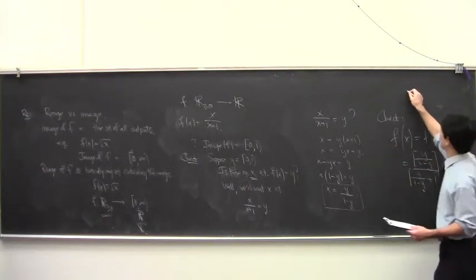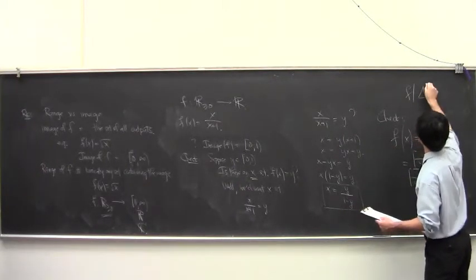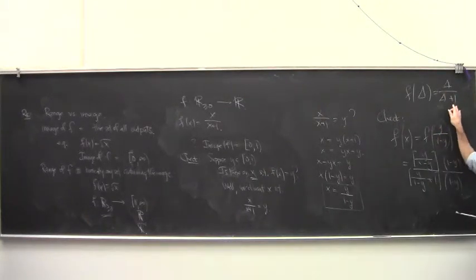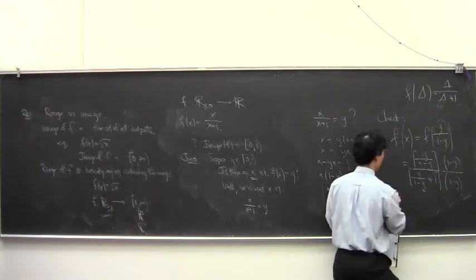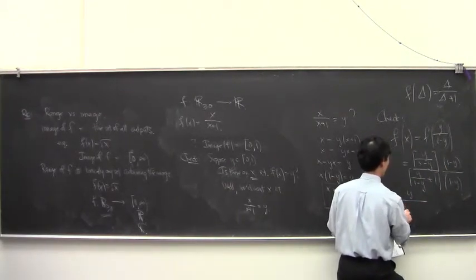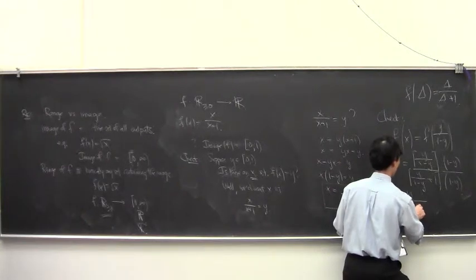What's our function? Our function says, whatever you give me, I'm going to give you back that thing over that thing plus 1. So it's going to be this thing over this thing plus 1. And let's see what that is. Well, that's going to be y over y plus 1 minus y.